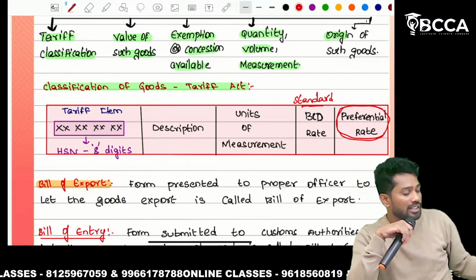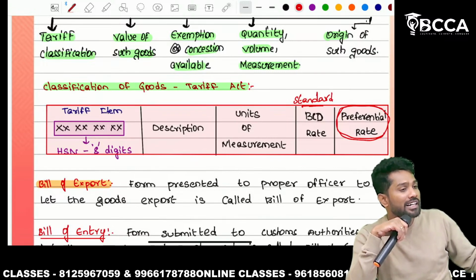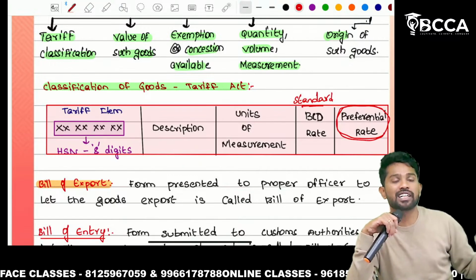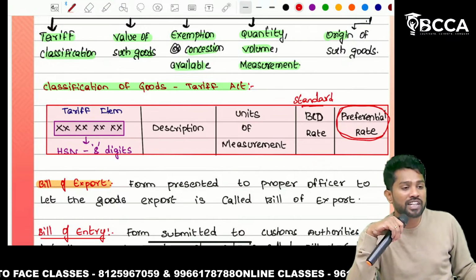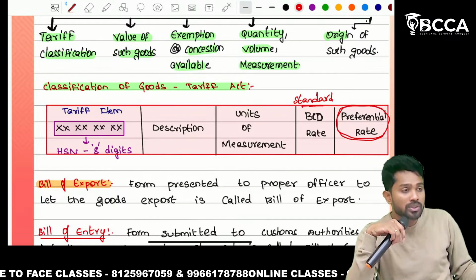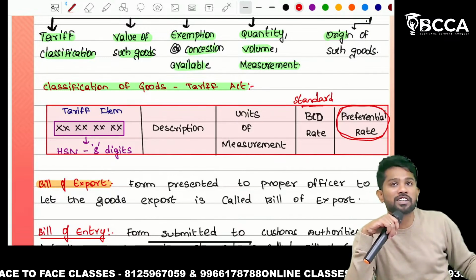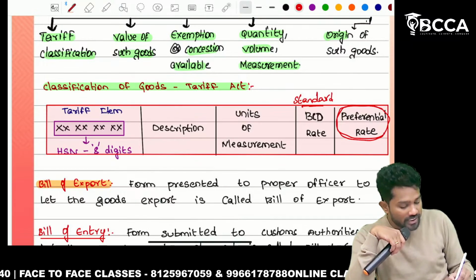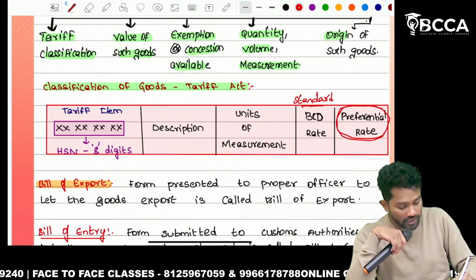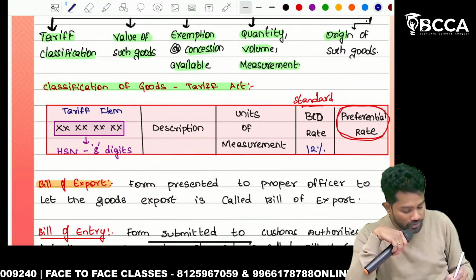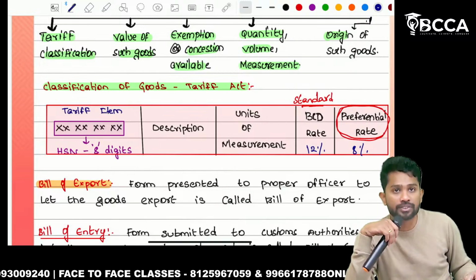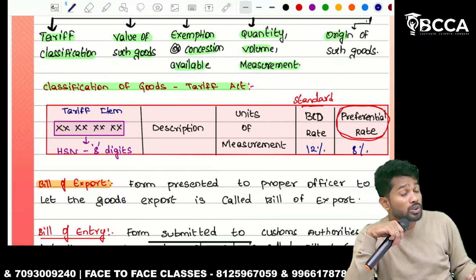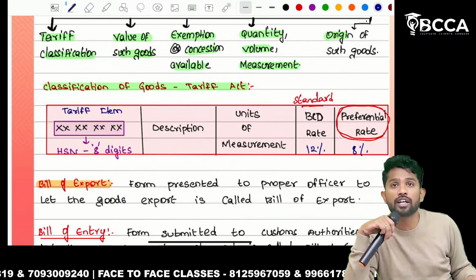Let's say India has a preferential trade agreement with a foreign country, like Australia. Due to that, Australia will become our preferential country. So when the goods are coming from Australia, then instead of the BCD rate, we'll levy the preferential rate. That means if BCD is 12%, preferential may be only 8%. For goods coming from other countries, we'll levy 12%, but for goods coming from a preferential area we'll levy only 8%.